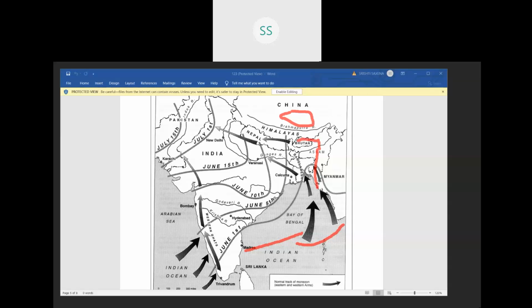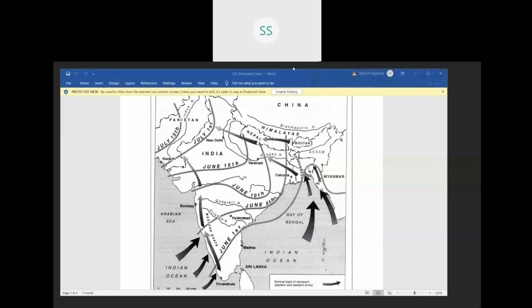What do you mean by deflected? Deflected means they change their direction. They should move straight like this, children, but they are not moving like this. Rather, they are deflecting towards the Ganga plains.